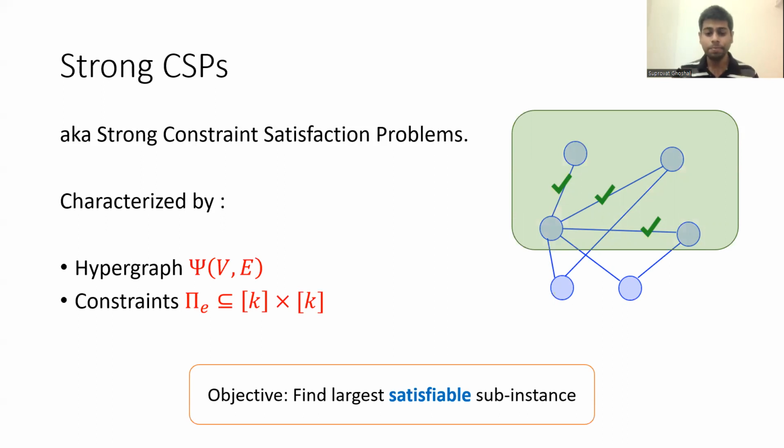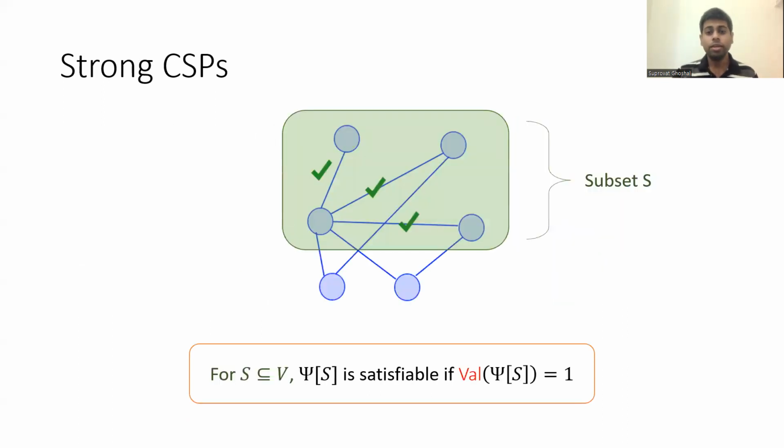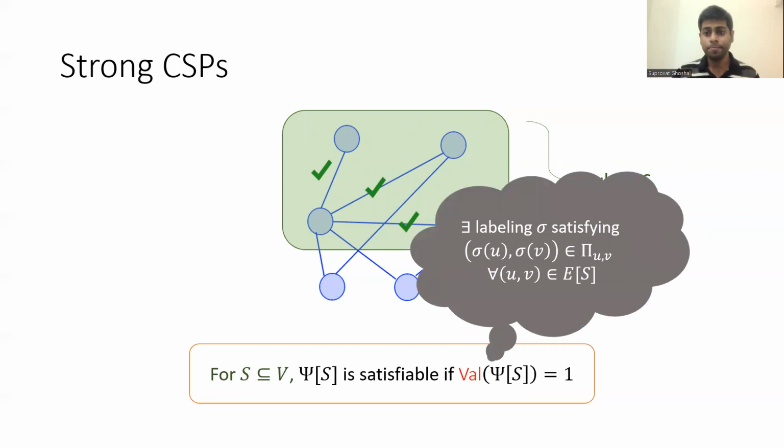What does that mean? Formally, given a subset of the vertex set, we will say that that subset induces a satisfiable subinstance if the induced instance has value 1. That is, in other words, we'll say that that induced instance is satisfiable if there is a labeling of the vertices in the subset which satisfies every induced constraint.